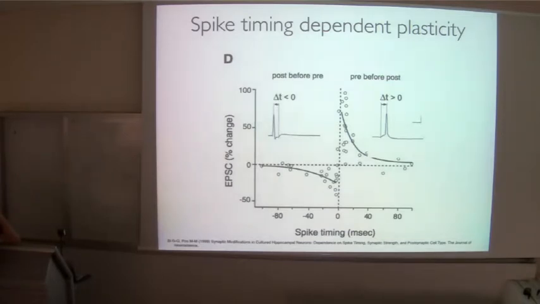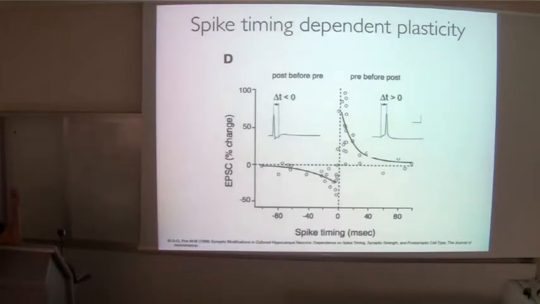And the idea is that if you have the postsynaptic spike coming before you activate the synapse, you actually get a reduction in the efficacy of the synapse. So the protocol is the following: you have, say, the hippocampus.